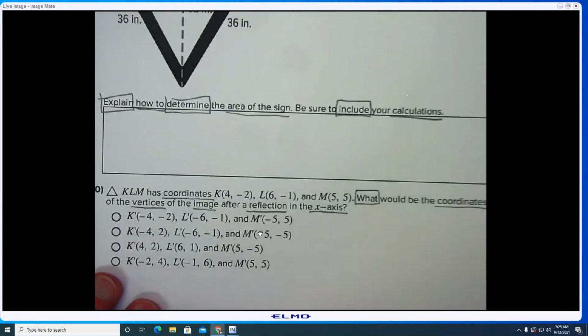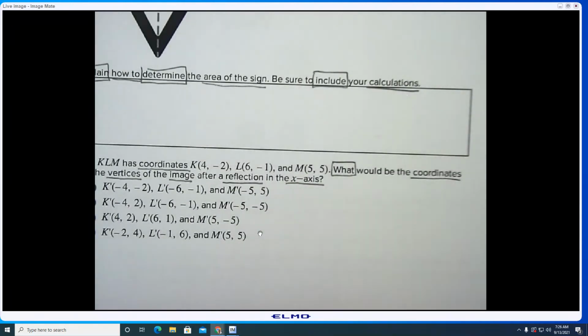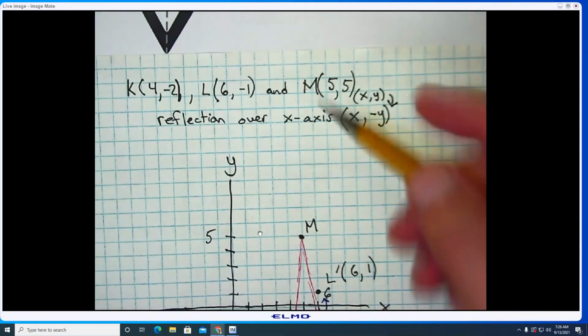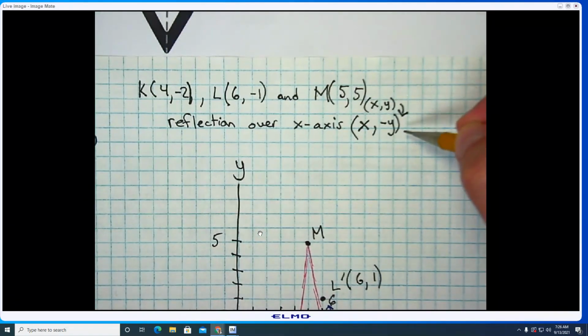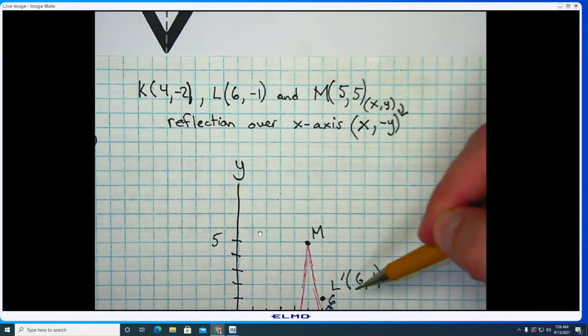Let's see. Where are my notes on this? All right, so for the x-axis or the y-axis, I just went ahead and dived right into it. A lot of these will need a formula, or you'll have to do it through an understanding method.